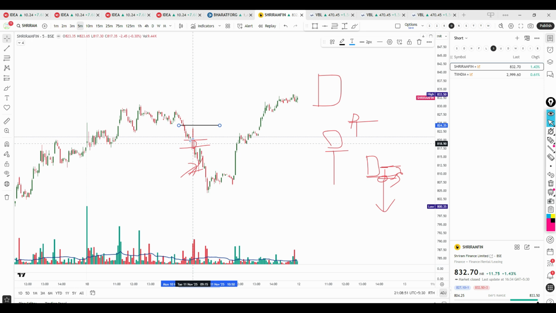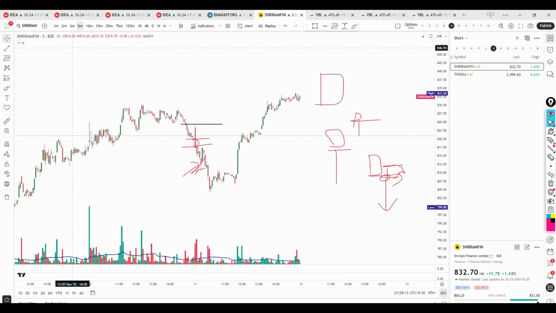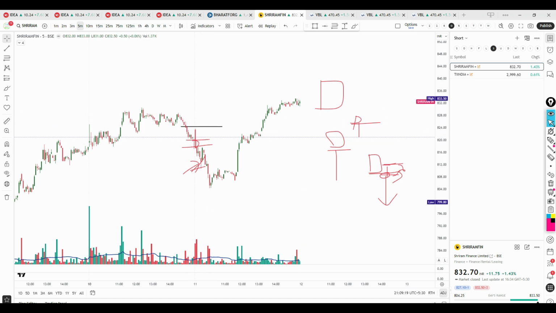Here the change is 2 rupees 45 paise. In that, the options price will move about 1 rupee, because we trade at the money, where delta is 0.5. That means whatever it moves, the option price is going to move half only. This is the perfect entry for the beginning of the trade.